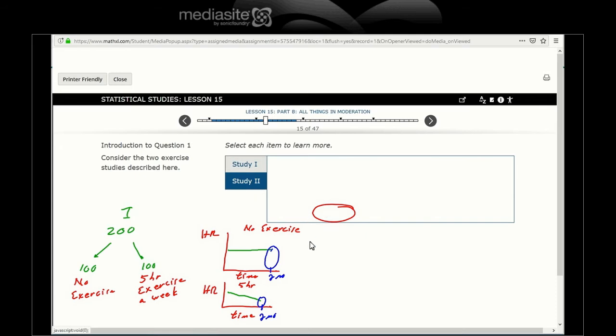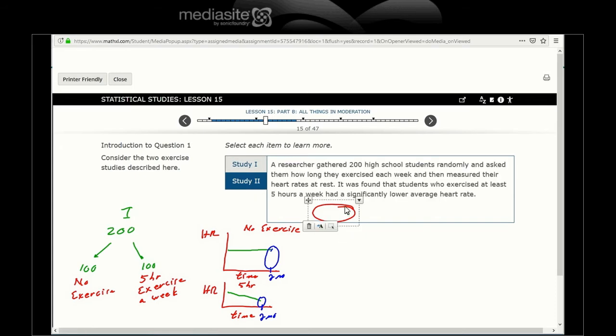Study 2. Researchers gathered 200 high school students randomly and asked them how long they exercised each week. So we had 200 students surveyed, and how long they exercised, and measured their heart rates at rest. Okay.